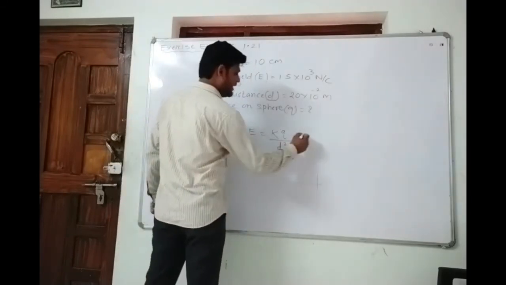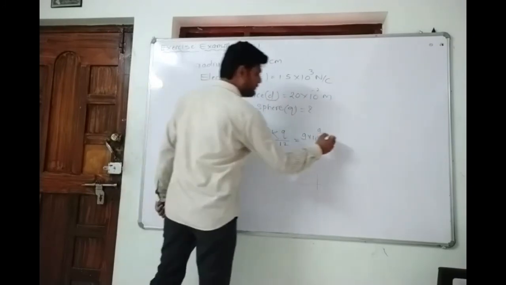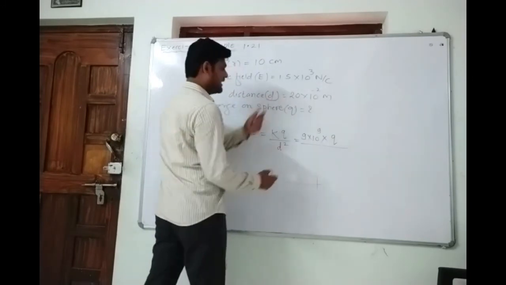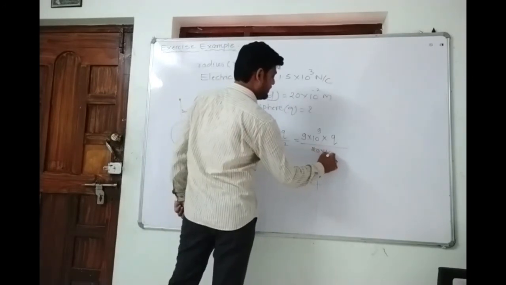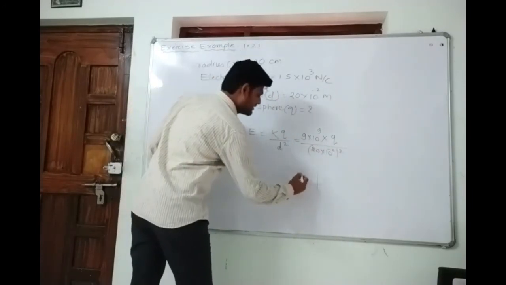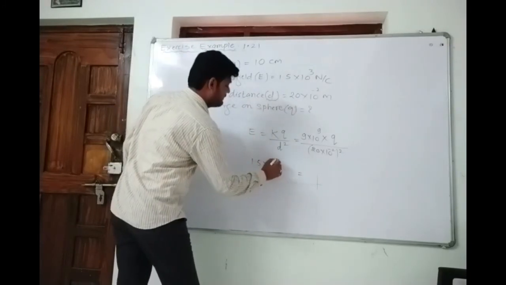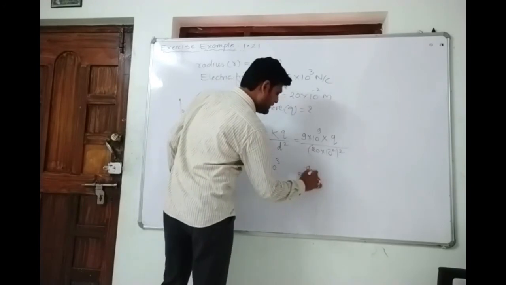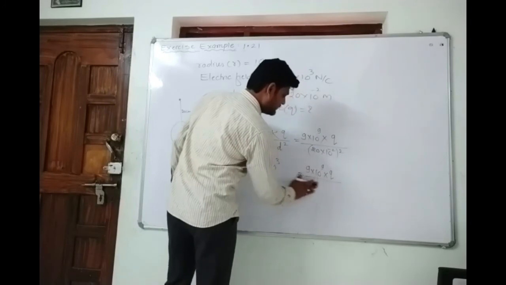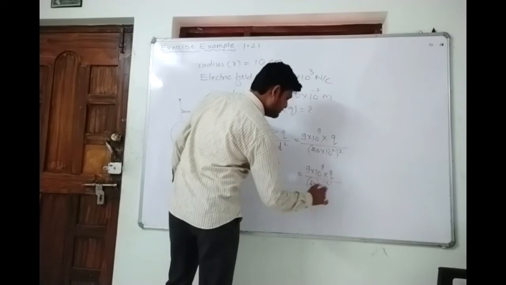Putting all the values, K equal to 9 × 10^9, right? Charge we want to calculate. D is given, that is 20 × 10^-2 bracket square, and the value of electric field is given, 1.5 × 10^3, right? So 1.5 × 10^3 equals 9 × 10^9 times Q divided by (20 × 10^-2) square.